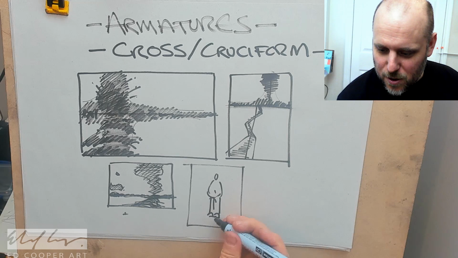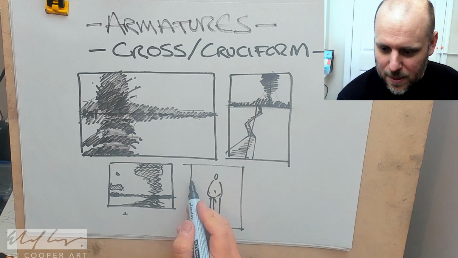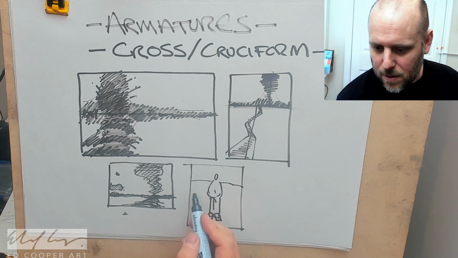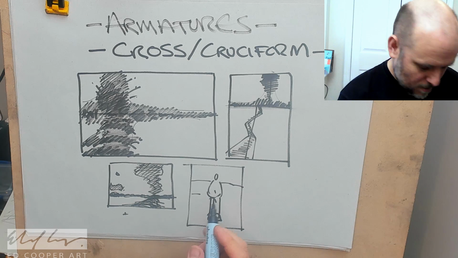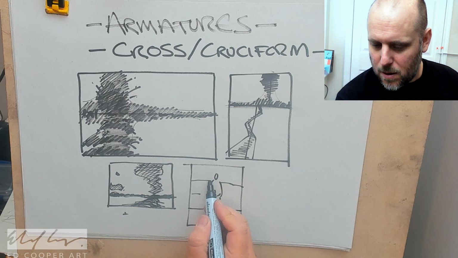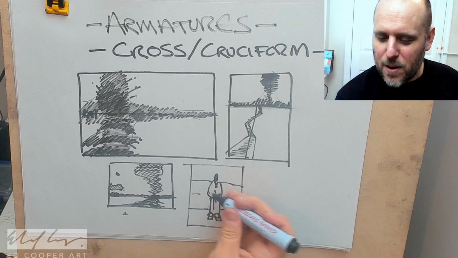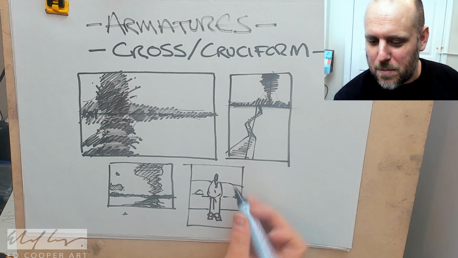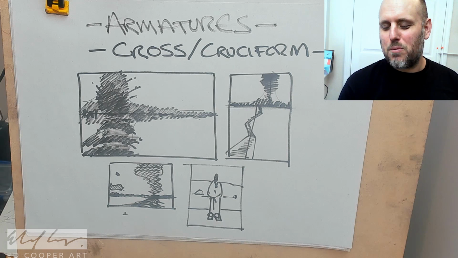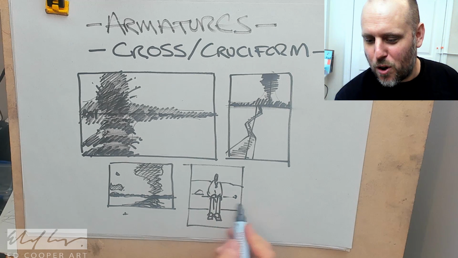Okay, so you've got the feet there, and then it's a sofa. Okay, so even though the head and the feet don't break the composition, you still get this cross composition, okay?